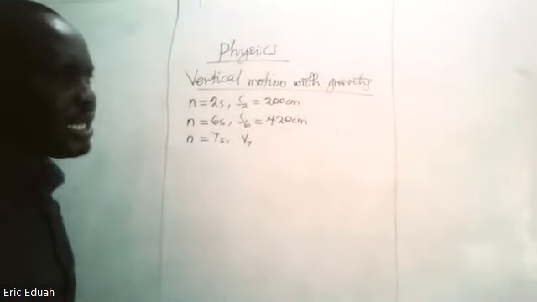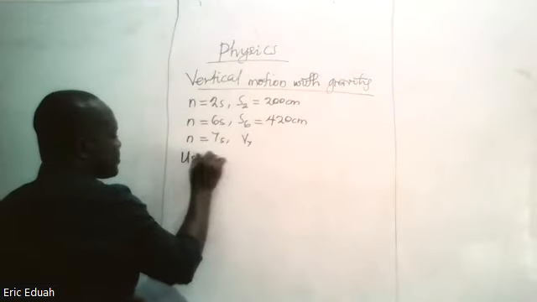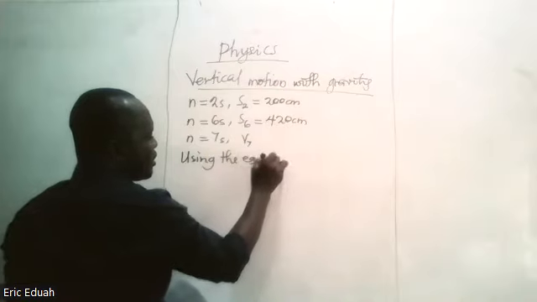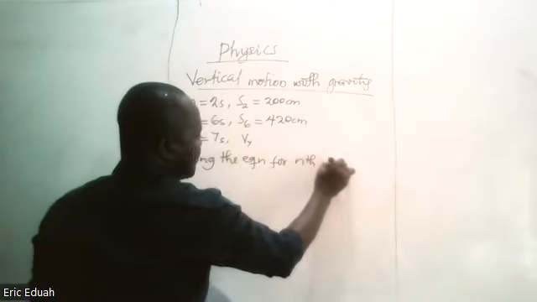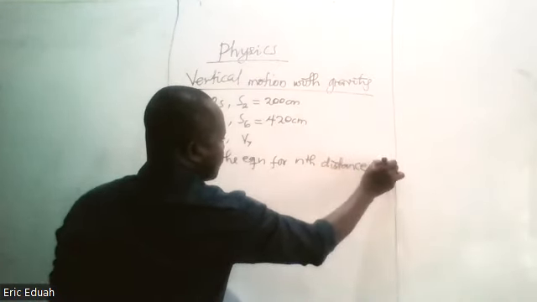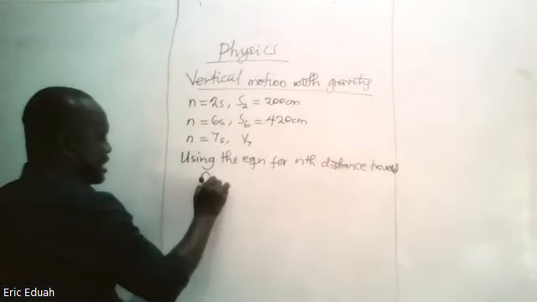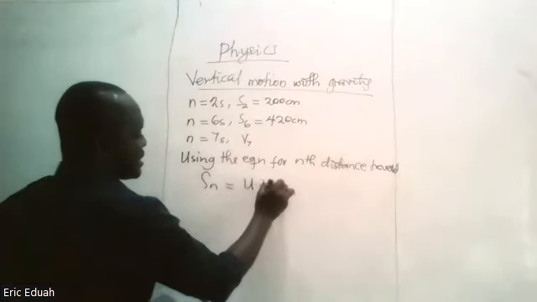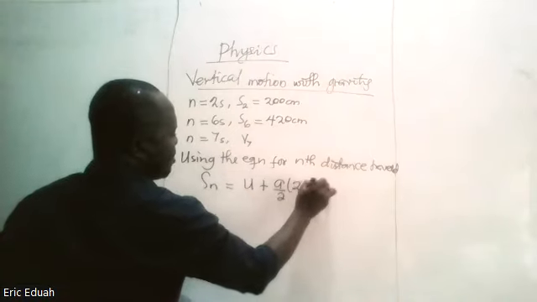So using the equation for the nth distance covered or traveled, which is Sn is equal to U plus A on 2 times 2n minus 1.